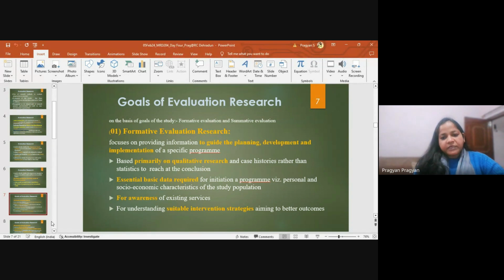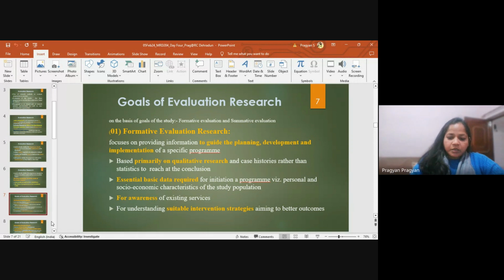Suitable intervention strategies can be planned only on the basis of the basic information that is the essential, preliminary step in any research.